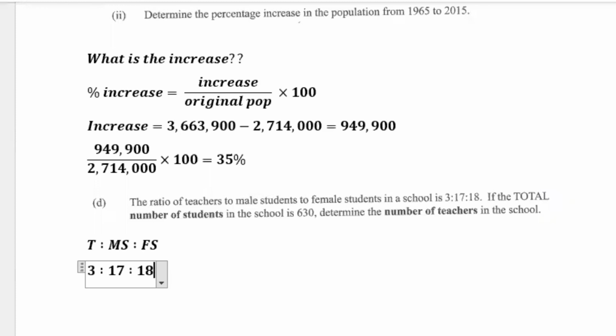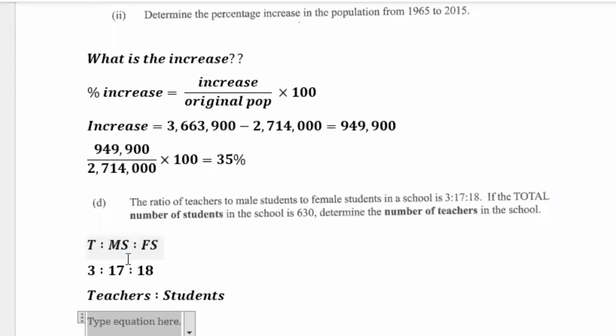So students saw it and they were wondering, what should we do next? Who does this 630 belong to? But this 630 actually belongs to the entire school population of male students and female students. Now that they asked us to determine the number of teachers in the school, we would need to group this ratio. So we're going to rewrite the ratio just as teachers to students.